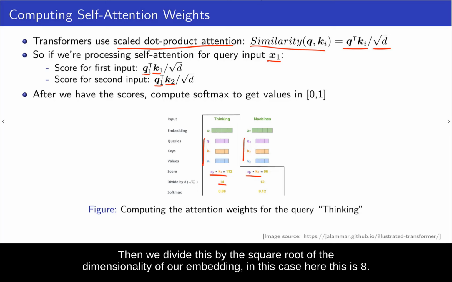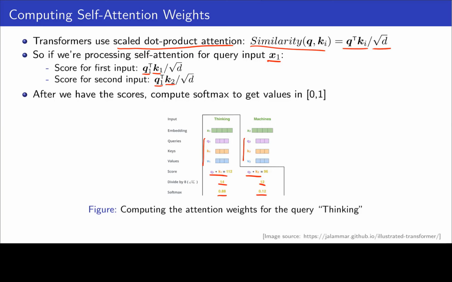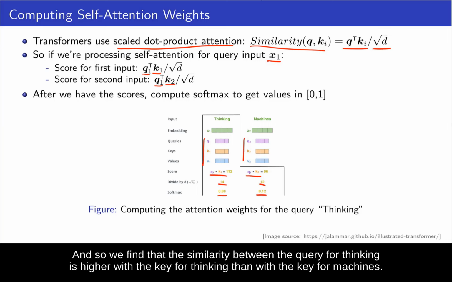Then we divide this by the square root of the dimensionality of our embedding, in this case 8. And we compute a softmax in order to have values that are between 0 and 1. And so we find that the similarity between the query for thinking is higher with the key for thinking than with the key for machines.